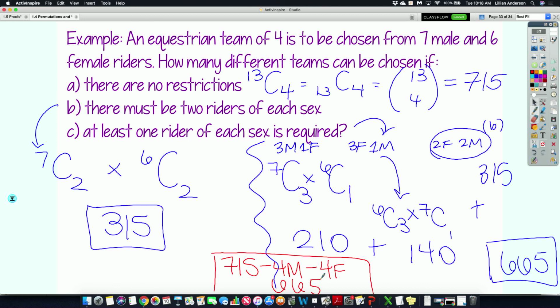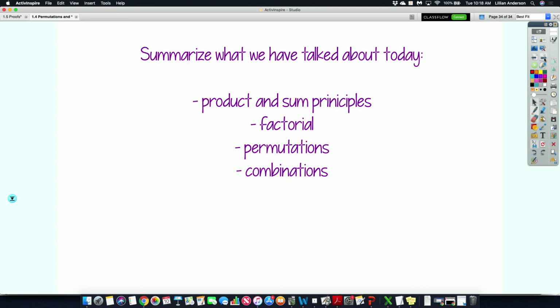Okay? So, combinations and permutations. When do I use which? When do I use permutations versus combinations? Which one do I use when order is important? When order is important, I'm going to use permutation.